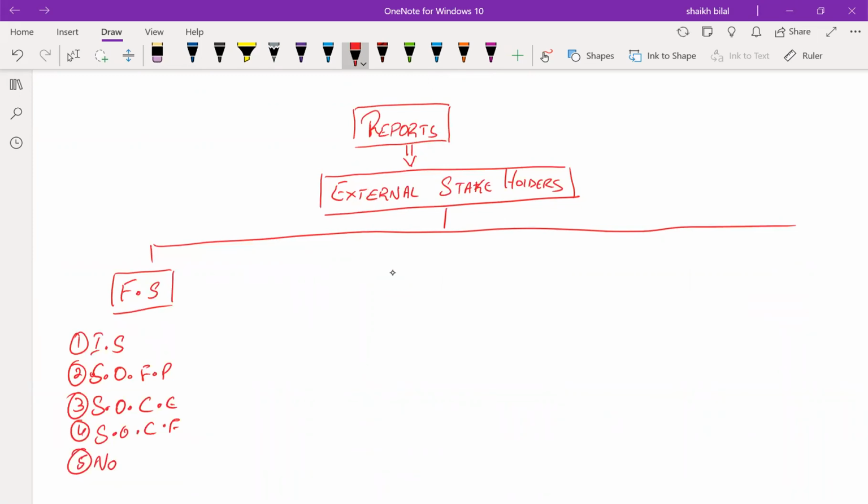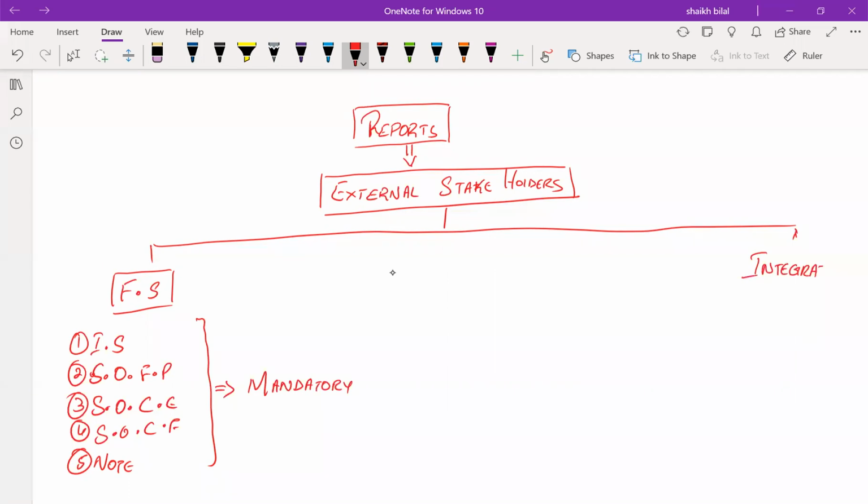Now, this report is not voluntary. Rather, these five statements have to be issued by every public listed company as a mandatory requirement.